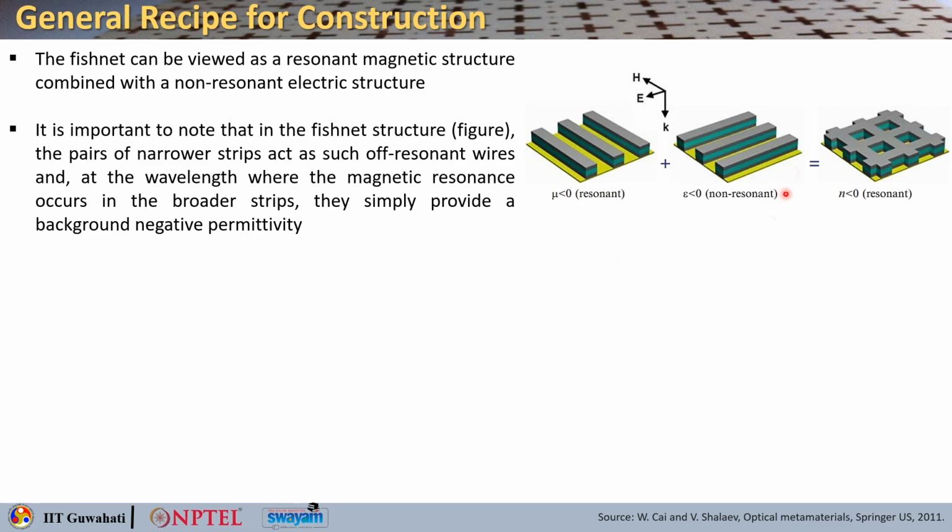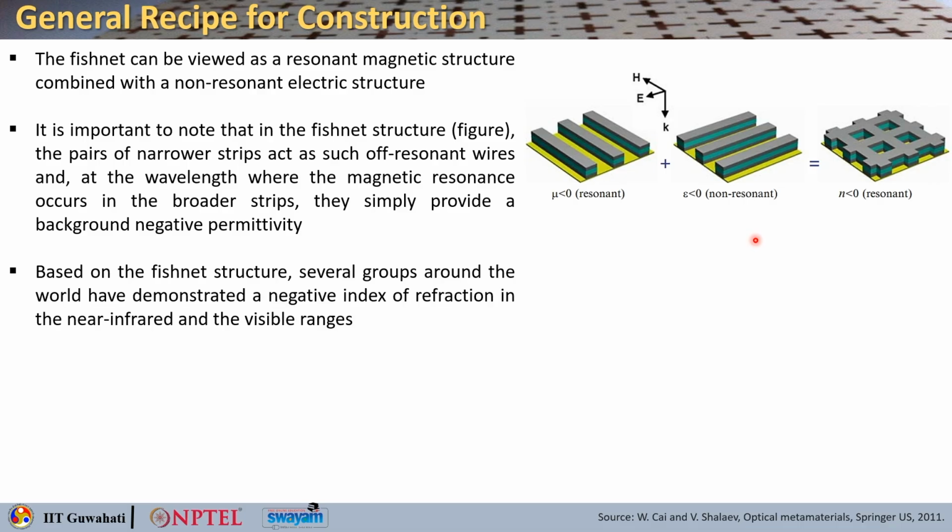It is important to note that the pair of narrower strips act as off-resonant wires, and at the wavelength where magnetic resonance occurs in the broader strips, they simply provide a background negative permittivity.